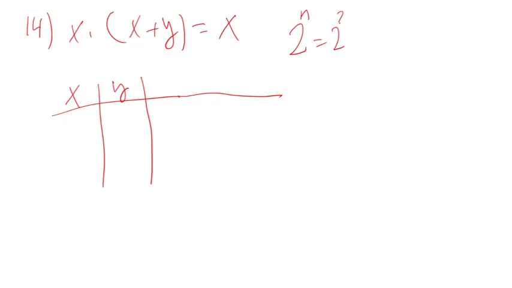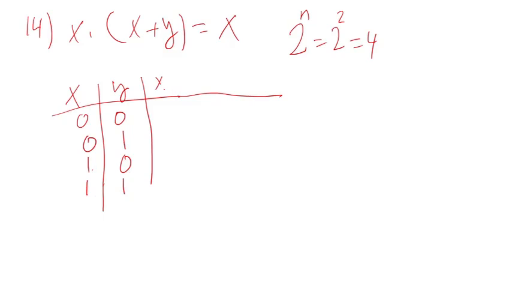I have x and y, that's 2, so I will have 4 combinations: 0, 0, 0, 1, 1, 0, or 1, 1. That means x can take either 0 or 1, then you just combine it with y. So both are zeros, or one is 0 and the other is 1, one is 1 and the other is 0, or both are 1.